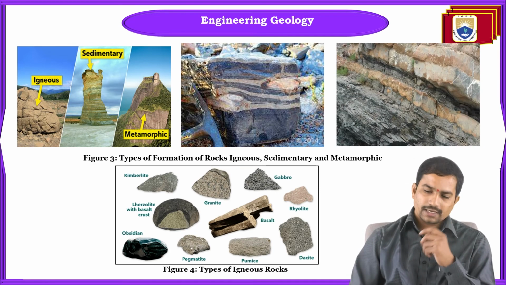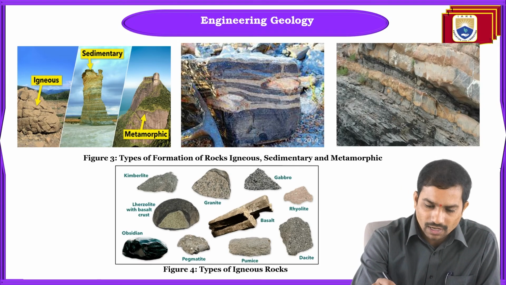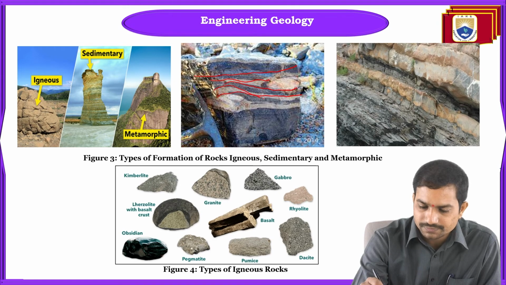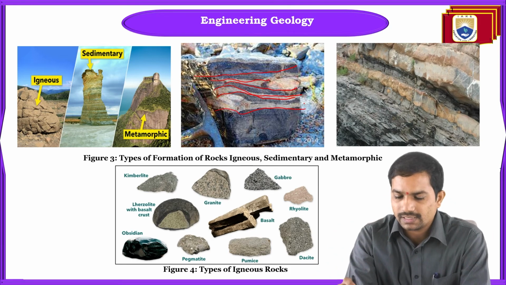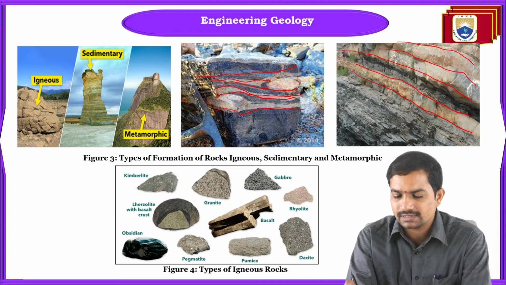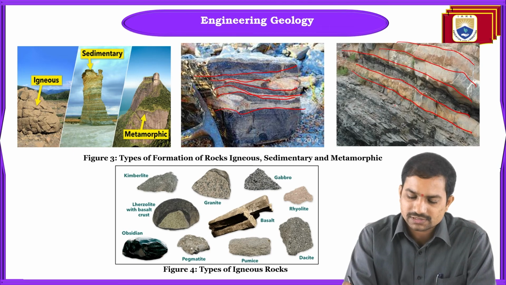We can see a few samples here of how the different layers are formed. This is a sedimentary rock, and we can see different layers of rocks. Some are plate shaped, and some rocks are bed shaped, etc. And there is a type of clay sample which is very hard, plate shaped, and has been compressed over a few years.